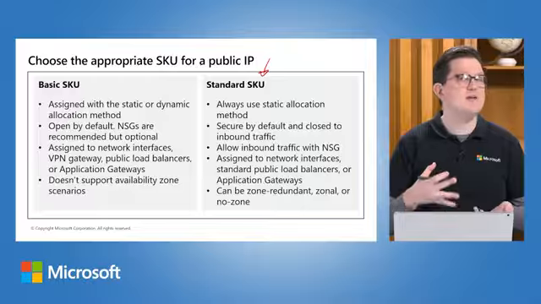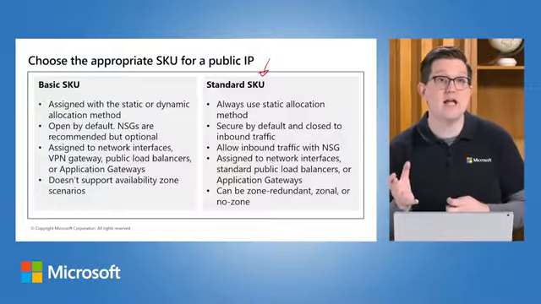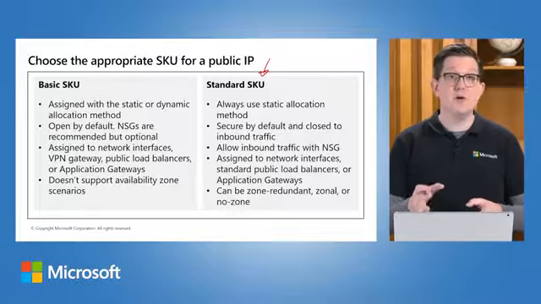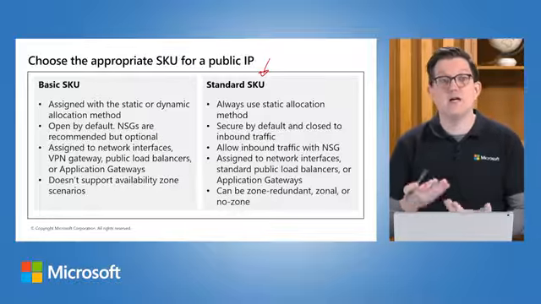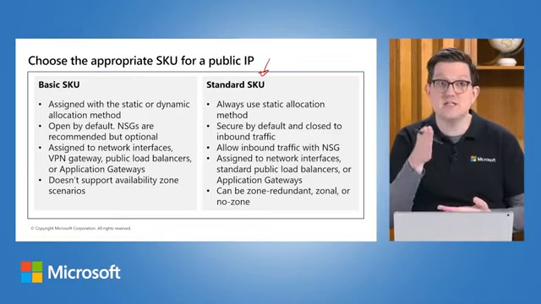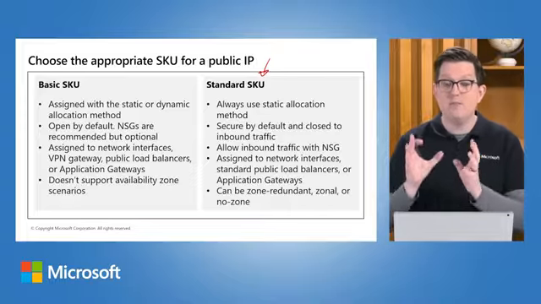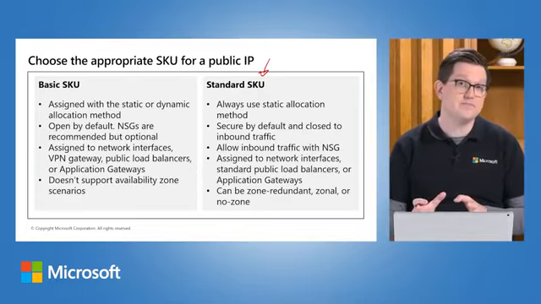It doesn't have the same security defaults or any of the things that we would come to expect for a modern enterprise environment. So if you are building out an application that requires a static allocation, that point in the internet that represents you, and you want to ensure that you are secure by default, pick that standard SKU.